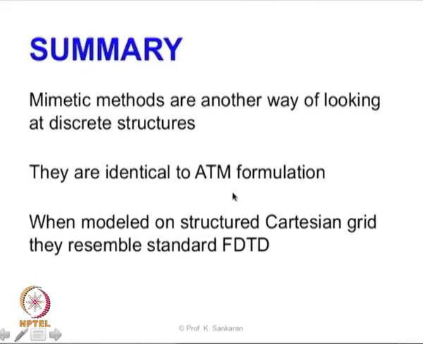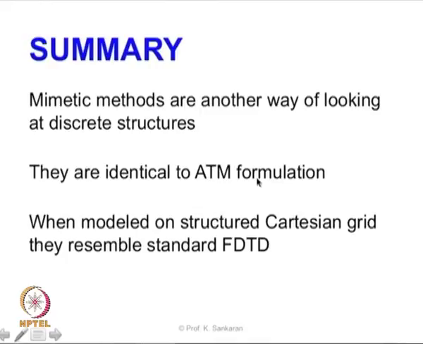So the mimetic method is another way of looking at discrete structure. This is something you have to know. It is going to give us a formulation similar to the algebraic topological formulation, so there is going to be a lot of connection to algebraic topology.